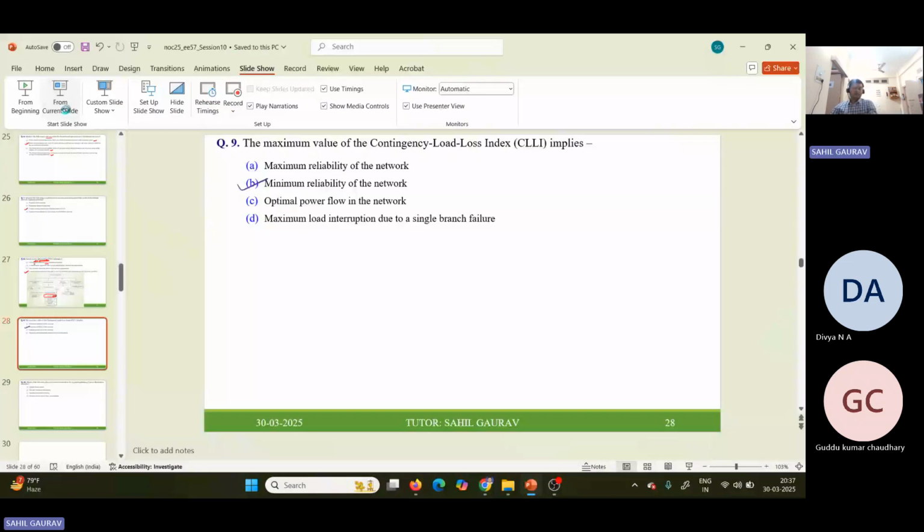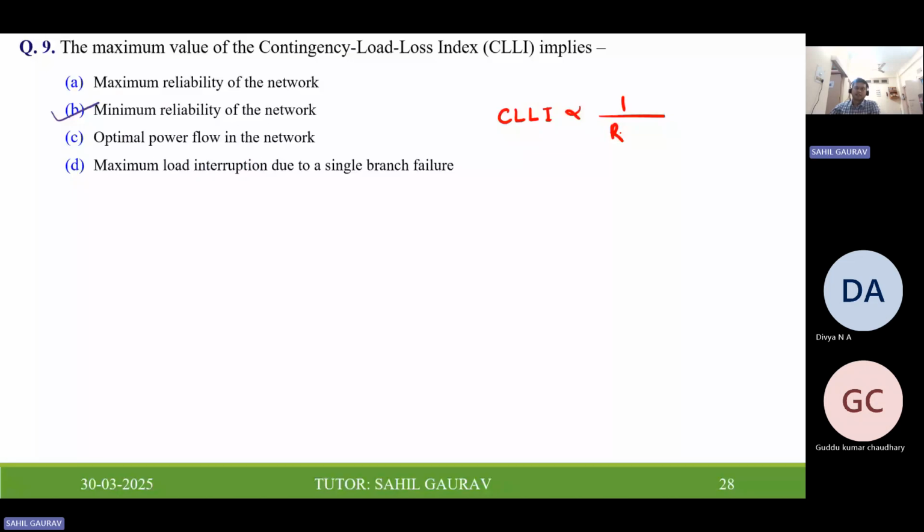Because CLLI is inversely proportional to reliability. If CLLI is high, then the reliability is worst, while if CLLI is 0, then it is most reliable.